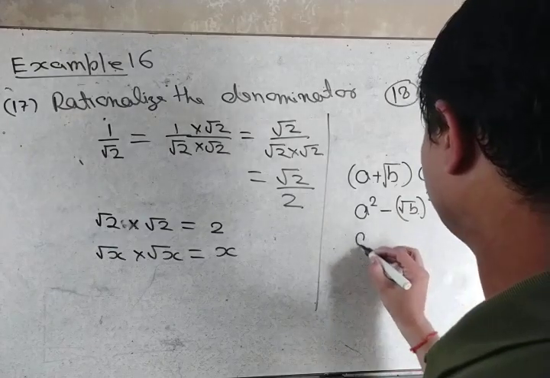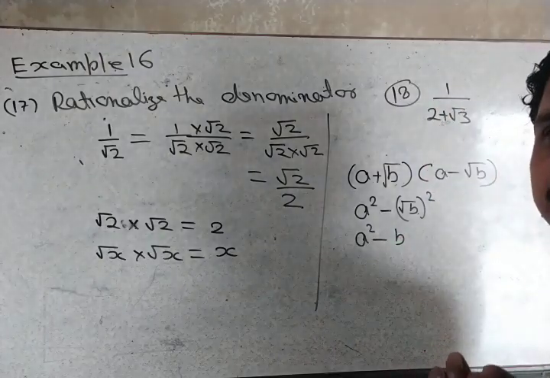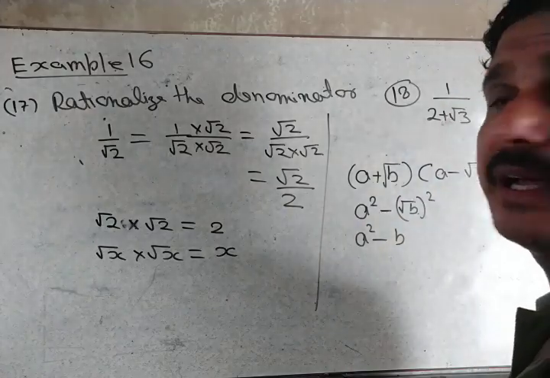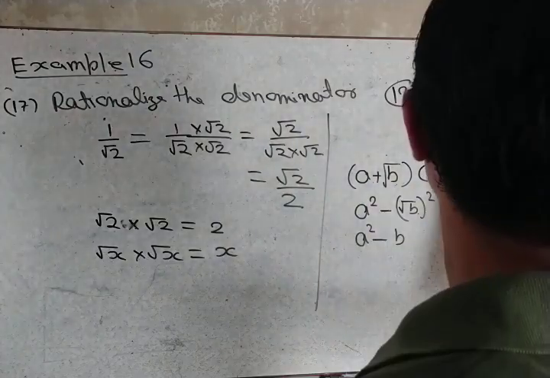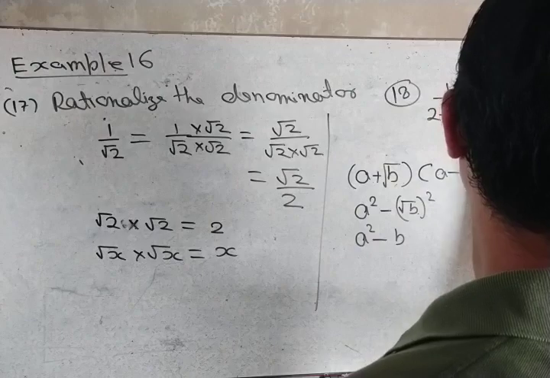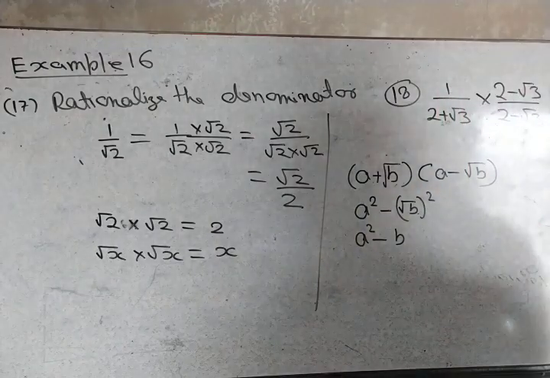Then what will we get? a square minus b. So if we multiply the given expression with root 2 minus root 3, what will we get?